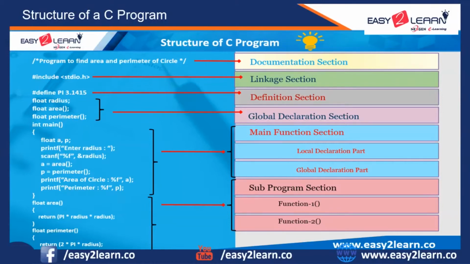That means every C program must have only one main method. Inside of a user-defined method or main method there are two sections. One, declaration part or local declaration part. Second, executable part or global declaration part.